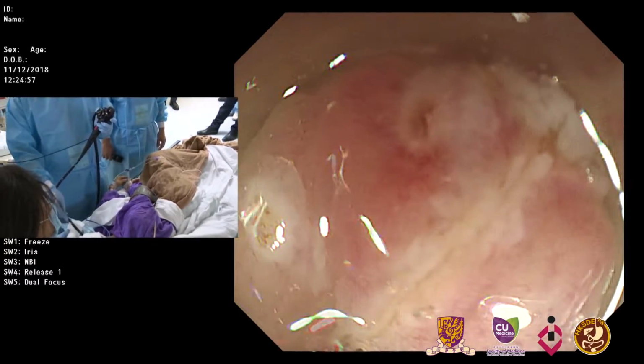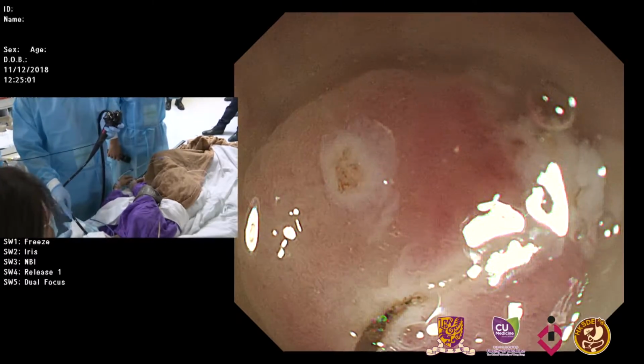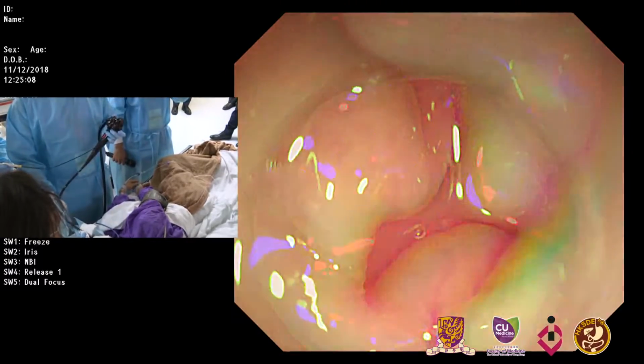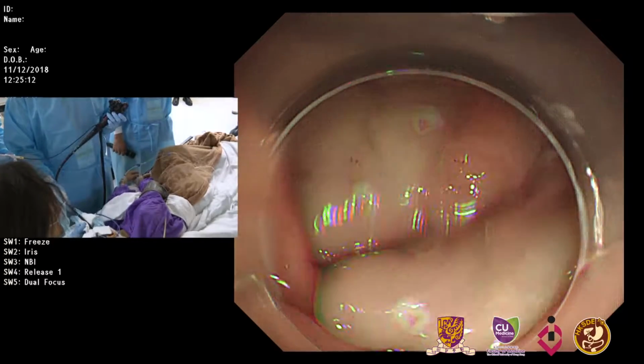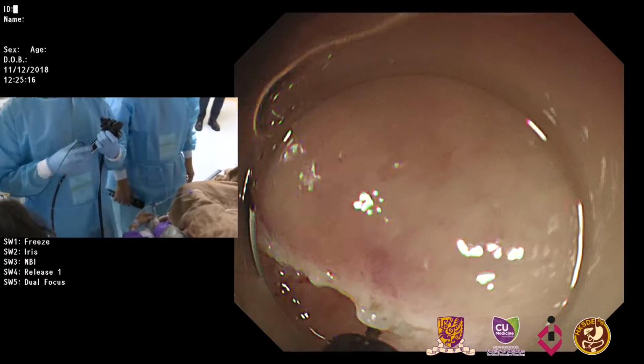That's why Professor Yao makes the marking very close to each other. It makes my procedure much easier, so I know the direction of my cutting afterwards. Yes, yes. So it's cutting from the far side to the near side.